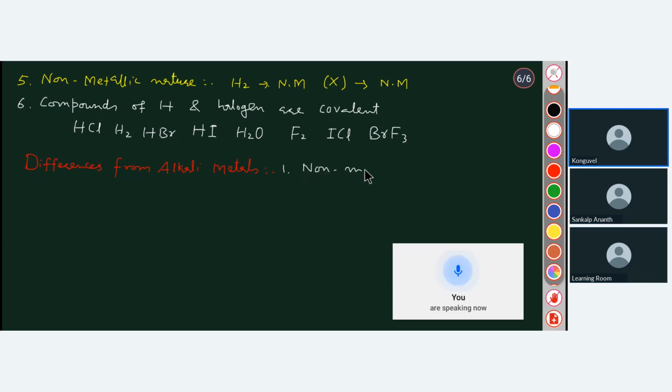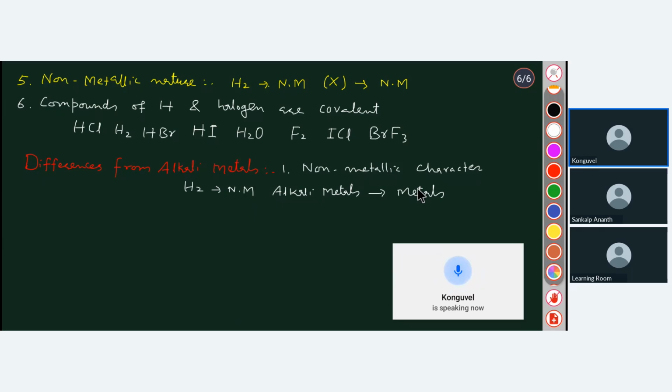Hydrogen is a non-metal. But alkali metals are metals; they form the metallic bond, because they are soft metals.